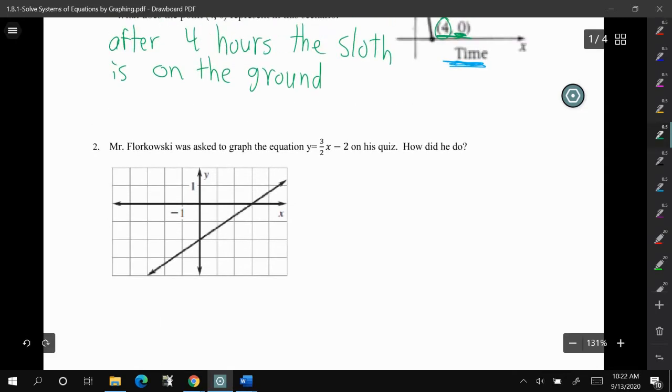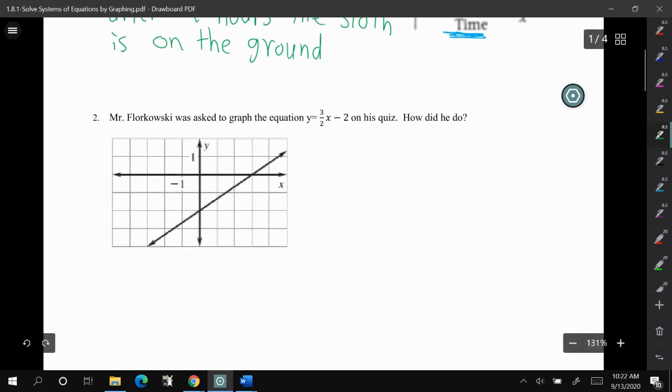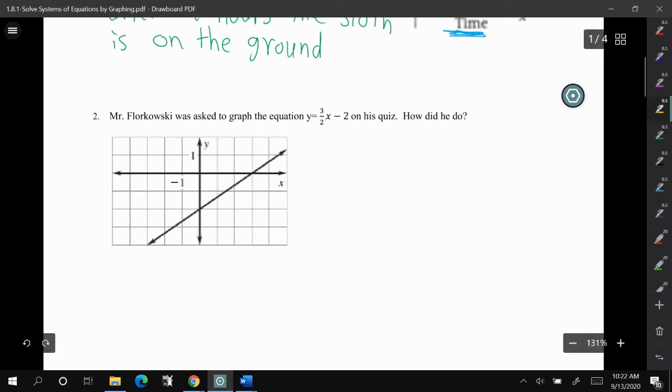Now the next one says Mr. Flikowski was asked to graph this equation. How did he do? Well, remember we have y equals mx plus b, where b is your y-intercept, where you start. So we should be starting at -2. Okay, good.